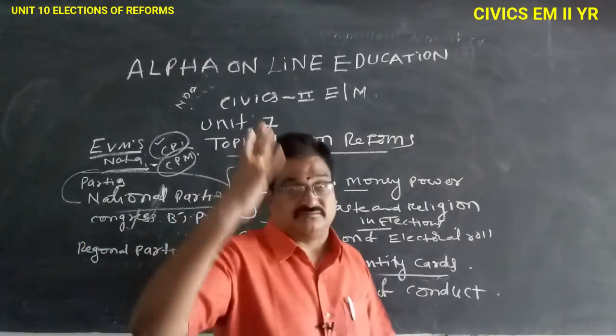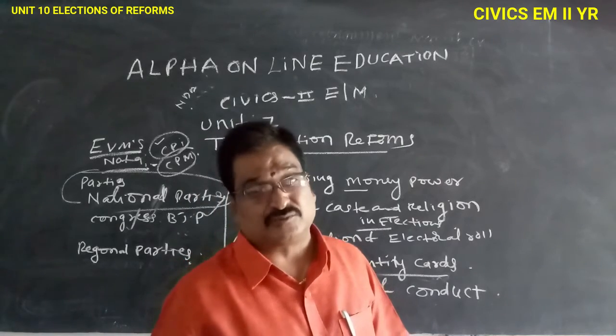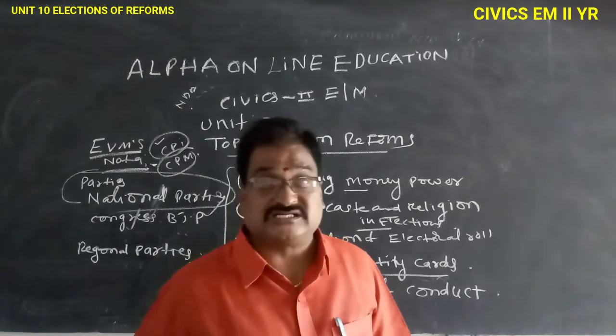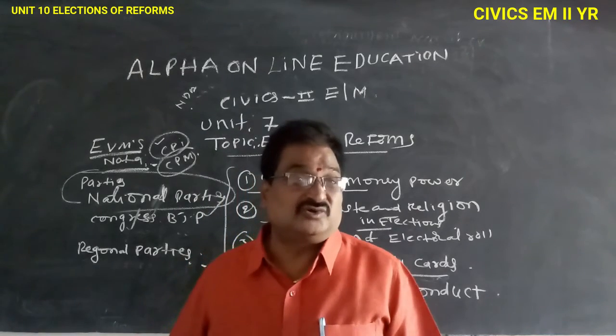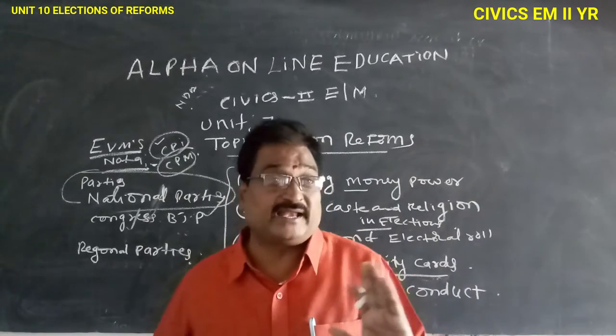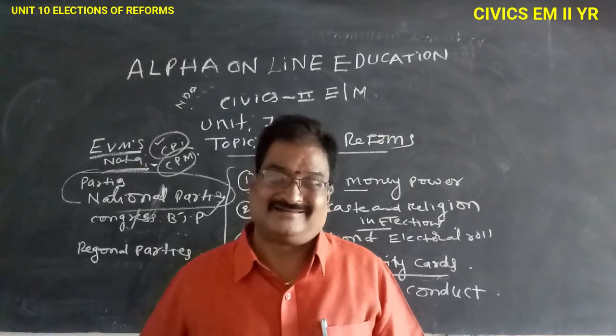Once upon a time the CPI, Communist Party of India, and the CPM, Communist Party of India (Marxist), were wonderful. But now the people do not believe in those parties. Once upon a time, those parties played an important role.